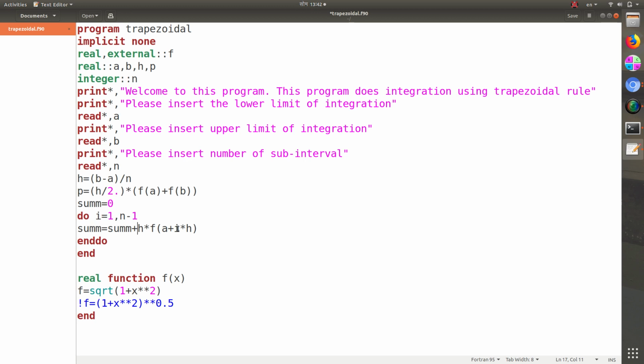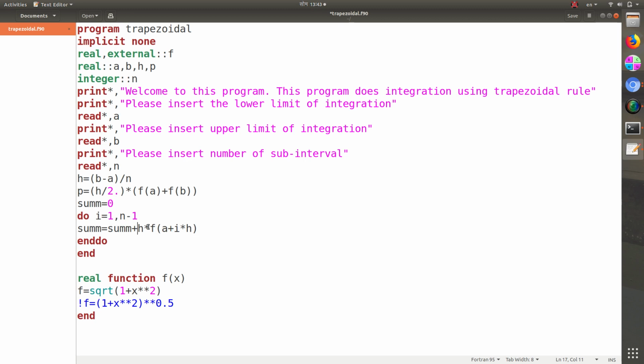So again i would be 2, a plus 2h is x2, f of x2 into h, and it is added with sum 1, and you will have the sum from i equals 1 to 2. Again in i equals 3, this would be sum 2, this would be sum 3. Here f of a plus 3h would be f of x3.